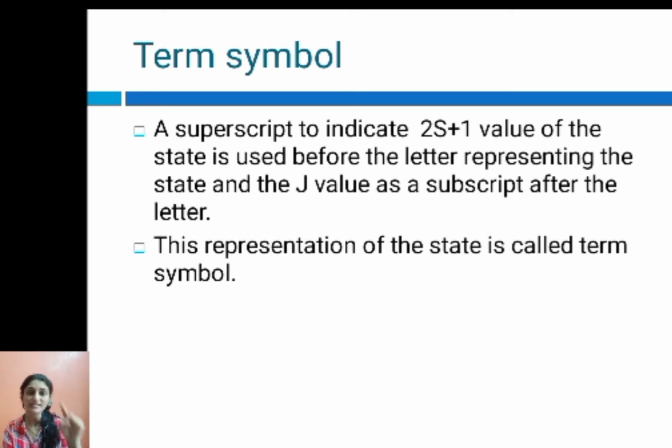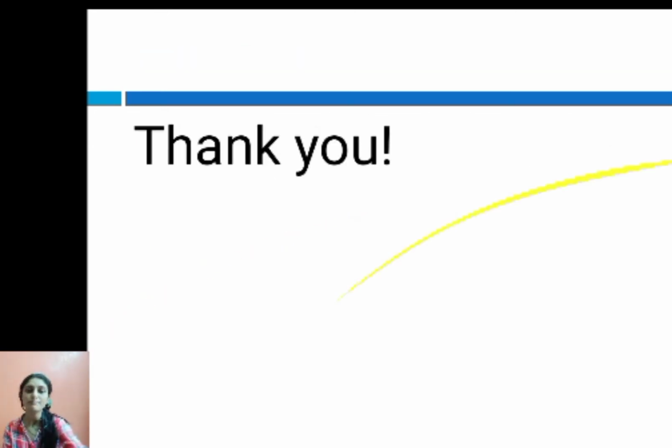Now to this capital P, I will write a superscript. The superscript is nothing but the value of multiplicity, and multiplicity is given by the formula 2S plus 1. So the superscript is the multiplicity, then the state in which the atom is, like S state or P state or D state, is written in terms of a letter, and then the subscript represents J. So that is how the term symbol is written, and this representation of the state is called the term symbol.